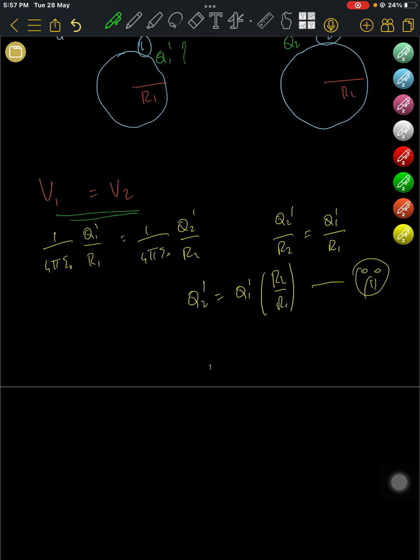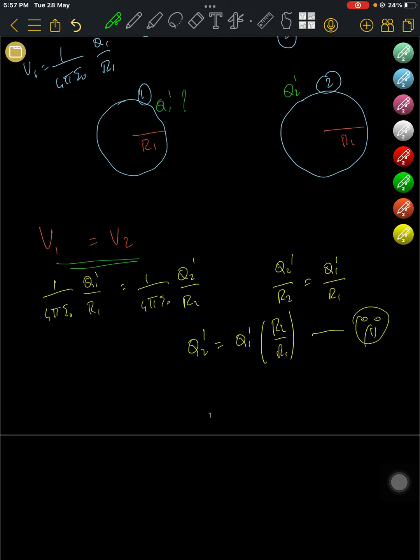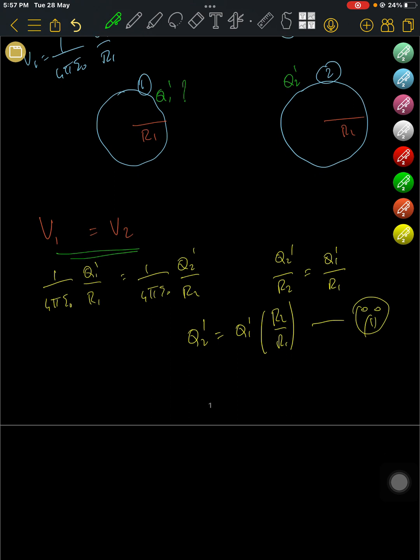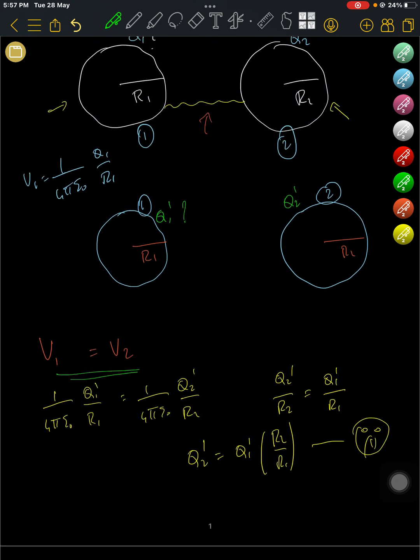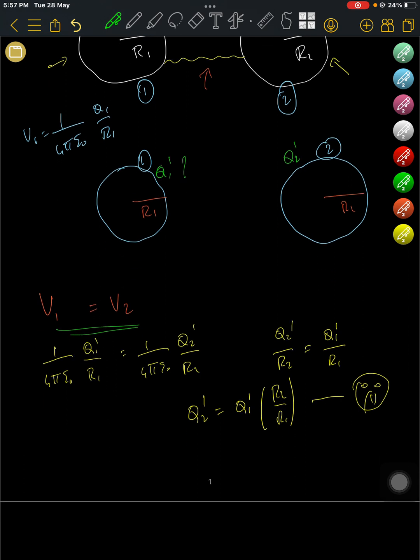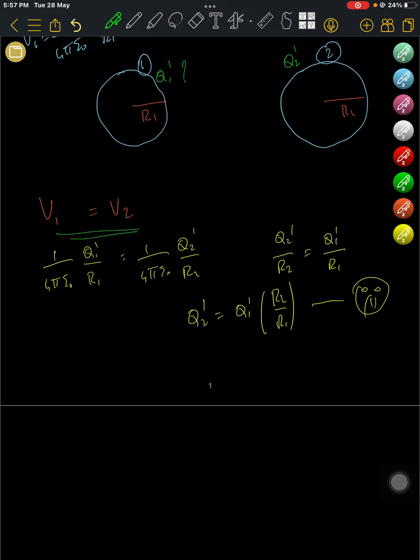Now I can follow the law of conservation of charge. Before connecting the wire and after connecting the wire, the total charge on the system of two spheres must be the same. There won't be any loss of charges. So the sum of the charges before, q1 plus q2, is equal to the sum of the charges after, q1 dash plus q2 dash.